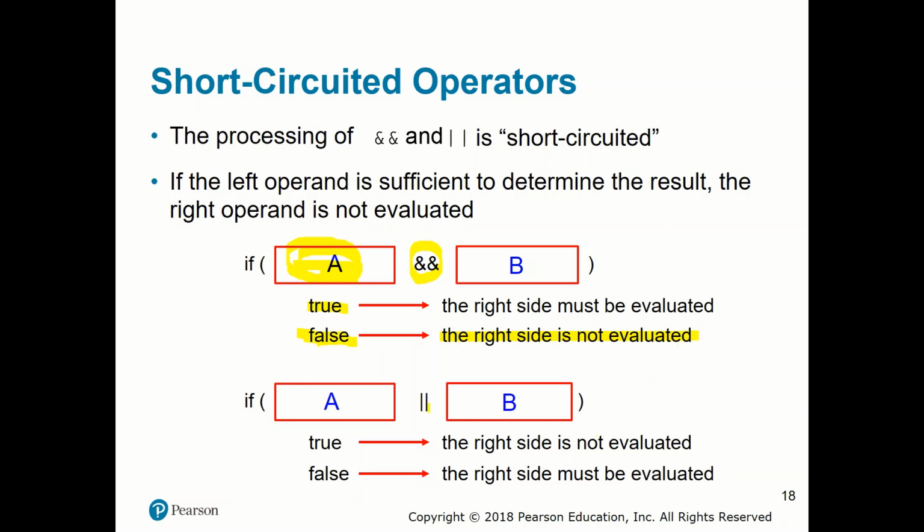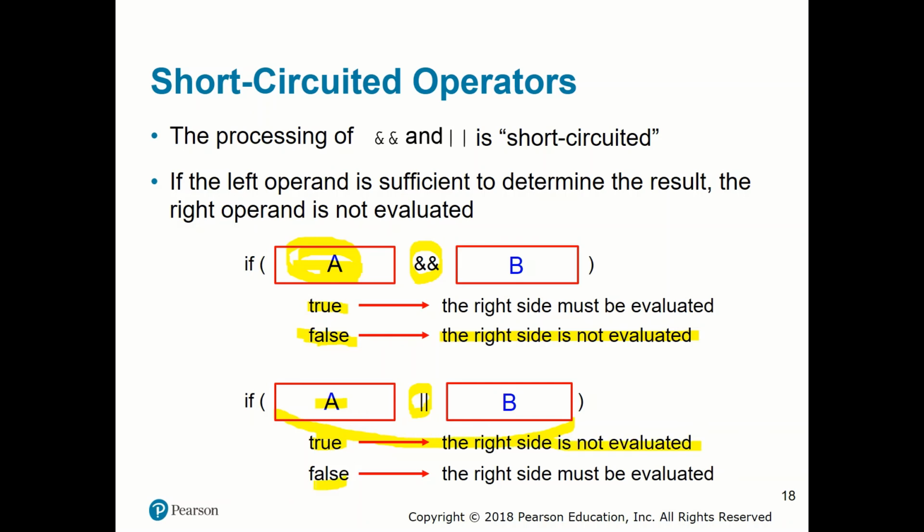About the OR operator. If this is true, then the compiler does not look at this part, because regardless of this value, if this is true, then the result becomes true. So if A is true, the right side is not evaluated.